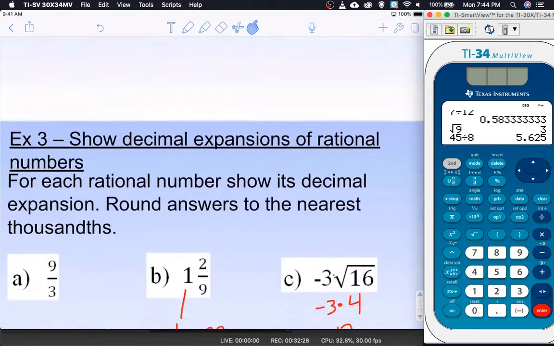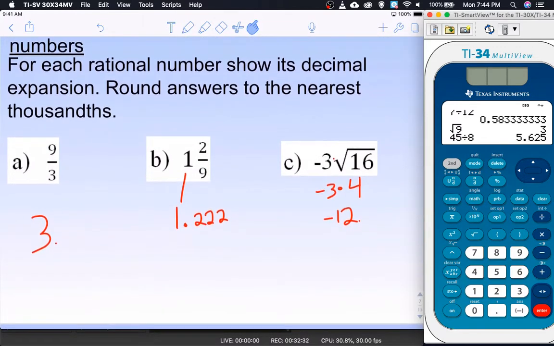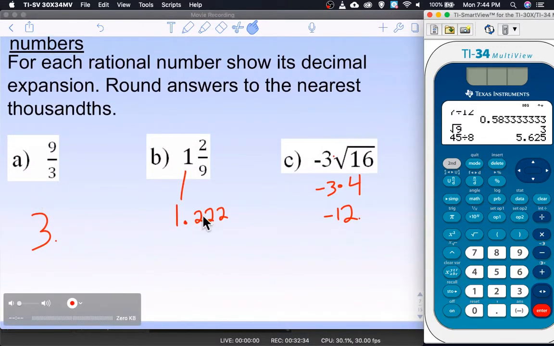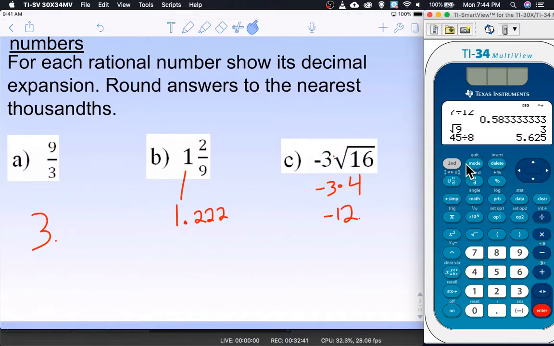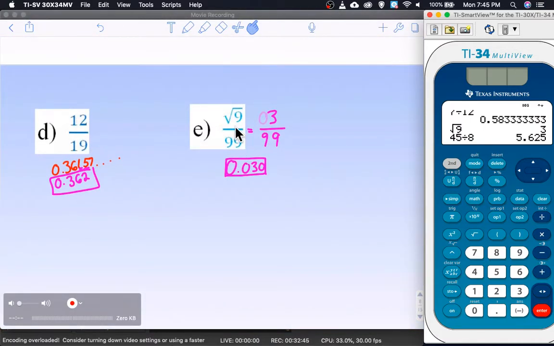More. We learned to change fractions to decimals by dividing, or using our brains, square rooting, using our calculator, dividing using the calculator, simplifying using our brains and the calculator.